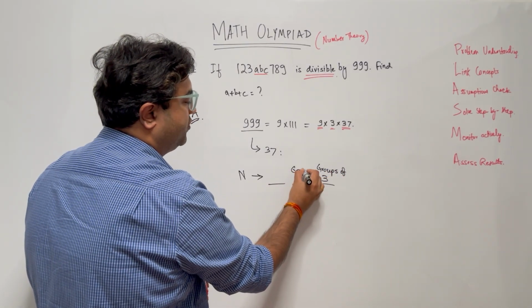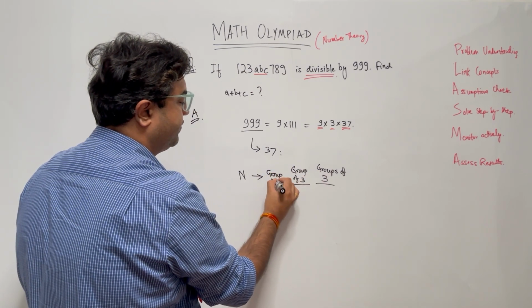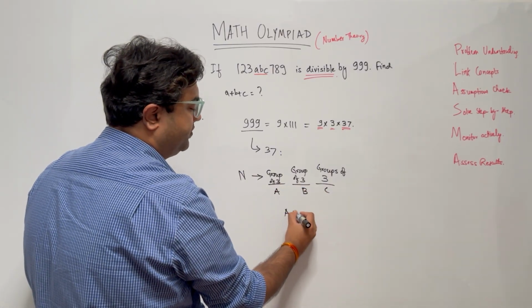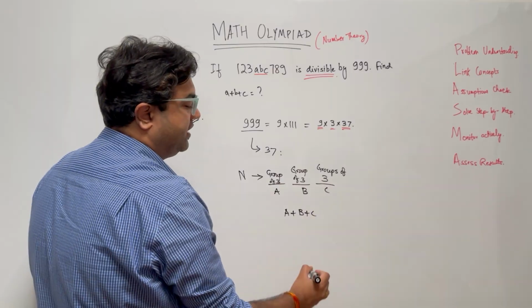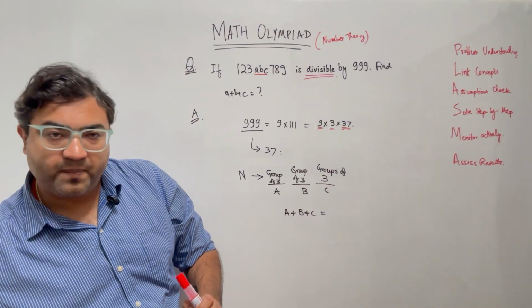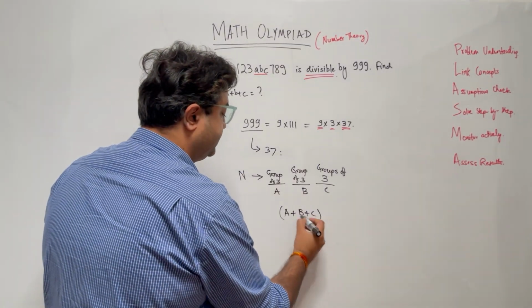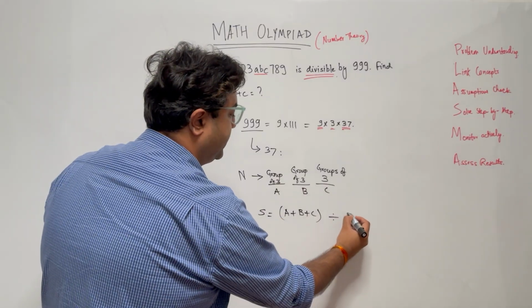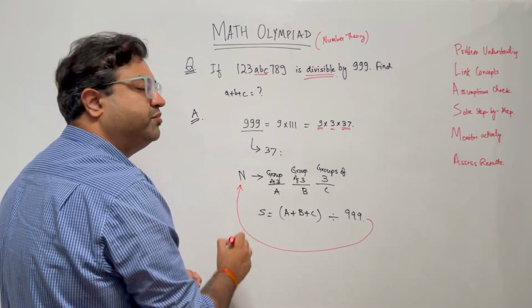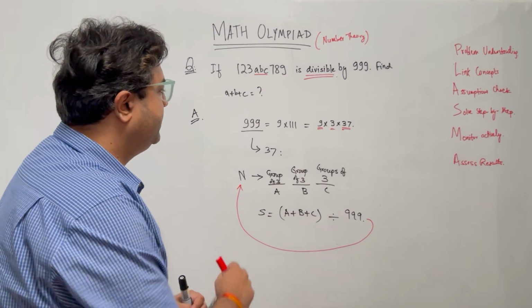Then this is another group of 3, then another group of 3. So let's say this is A, this is B, this is C. So we have to sum A plus B plus C. And if this sum is divisible by 999, then we can say that this number is also divisible by 999. So that's the key concept to learn.